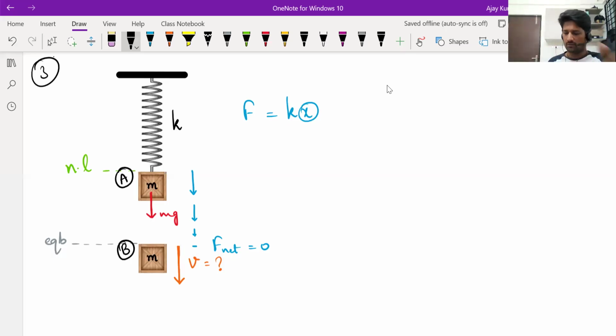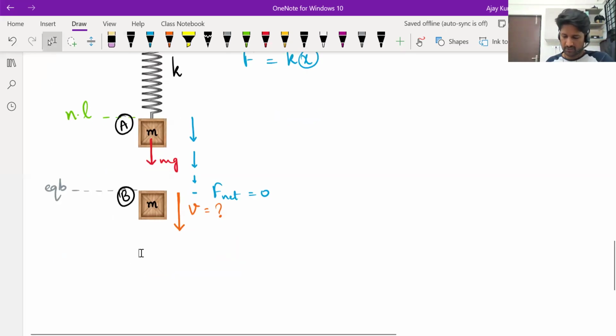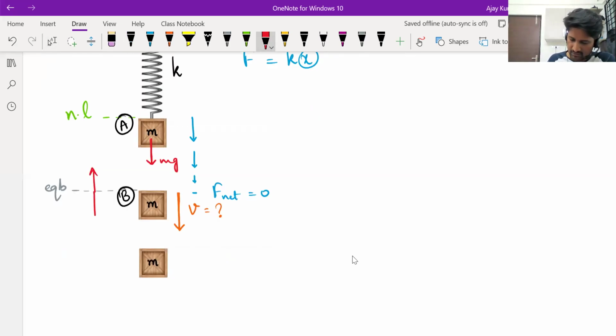Once it goes below the equilibrium position, the spring will be stretched too much. At the equilibrium position, for that elongation, spring force exactly balances mg.